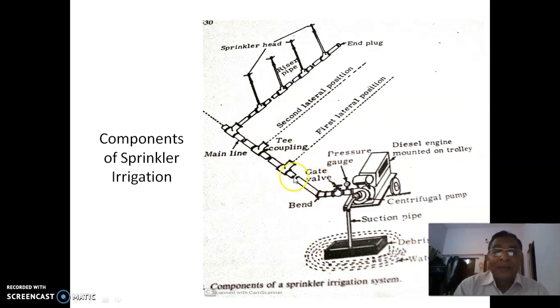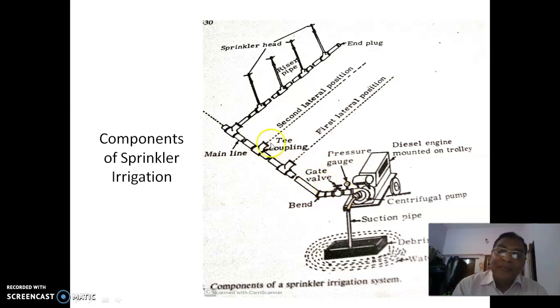This is the method where you have the suction pipe, the source, and then a pump, a centrifugal pump or some other pump, with an engine, a diesel engine. Sometimes a power line may not be there, so you may have to use a diesel engine, then a gate valve, pressure gauge, then a bend. This is the main line.